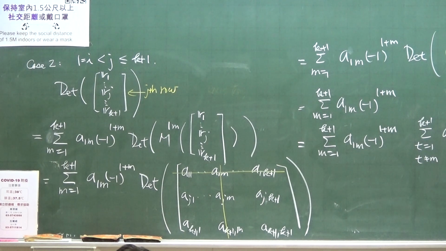All right. So this matrix is already a minor of the original matrix, and then we take the minor again. So we have two layers.